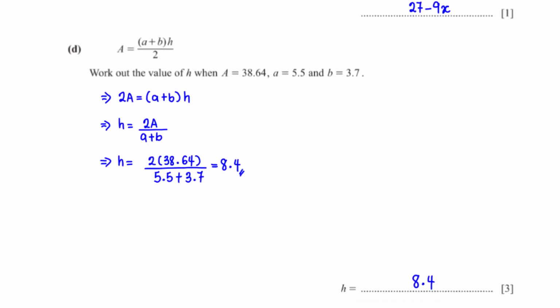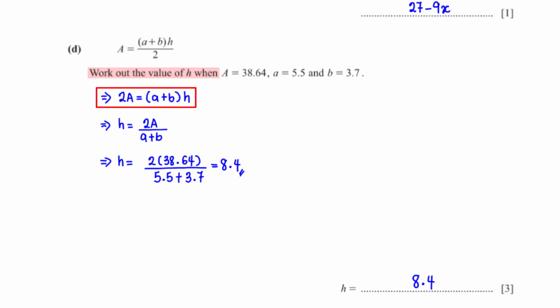A equals a plus b times h over 2. Work out the value of h when big A equals 38.64, small a equals 5.5, and b equals 3.7. First, let's make h the subject of the equation. When we multiply both sides of the equation by 2, this is what we have.